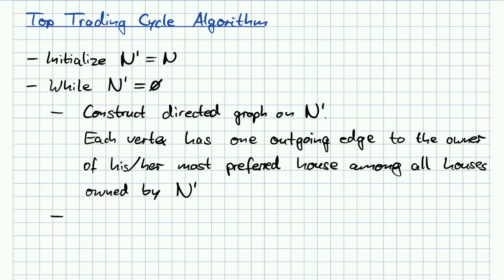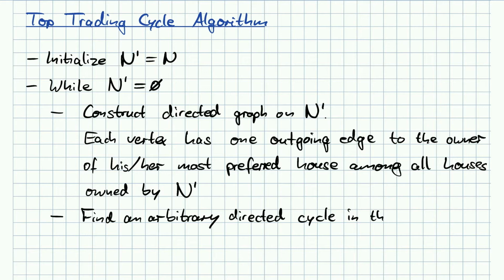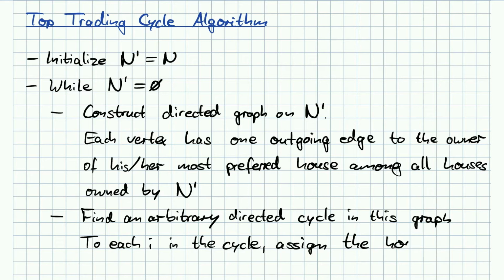Because our next step is to find an arbitrary directed cycle in this graph and to each i in the cycle assign the house owned by the successor in the cycle.